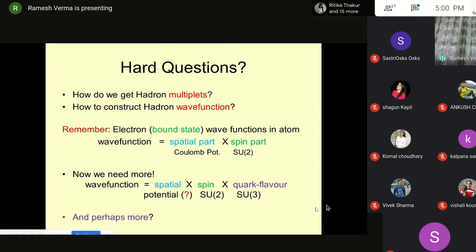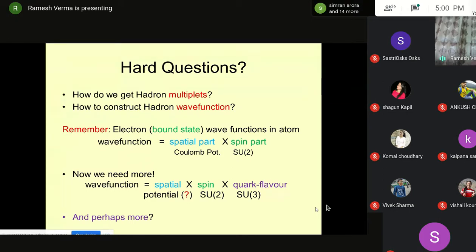We go to the Schrodinger equation and we apply the method of partial waves, separate the variables, and then go for the radial part, because the potential is spherically symmetric. Then we have the angular part, which depends upon theta and phi, and that part is given by spherical harmonics, and the radial part is given by Laguerre polynomials. So combining everything together, we have the spatial part of the wave function.